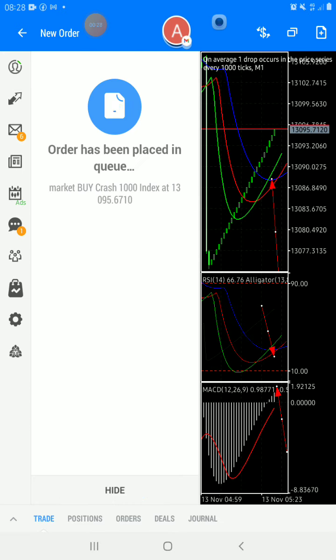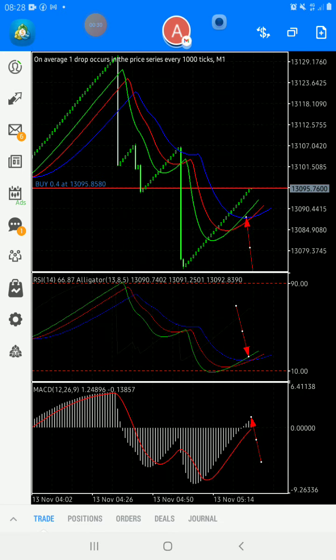This is Crash 1000, and then we count between 5 to 10 candles, depending on how long you could stay in the market. Whenever there is a crossover in the alligator on the main chart, it is always a powerful trend. But of course you have to confirm with indicator window 1 and 2 if it's oversold or overbought.